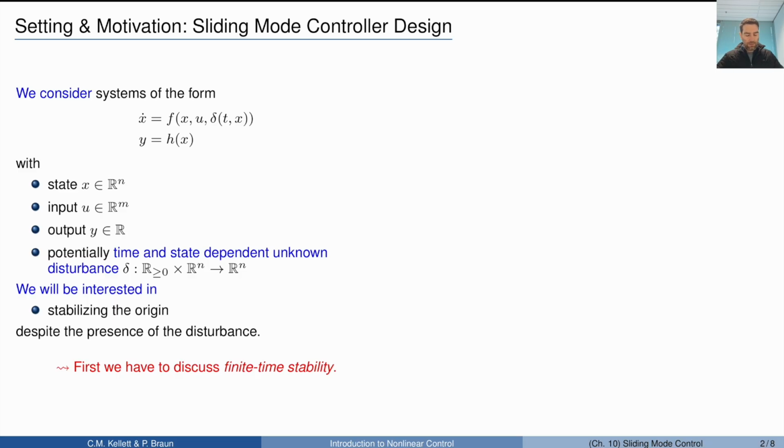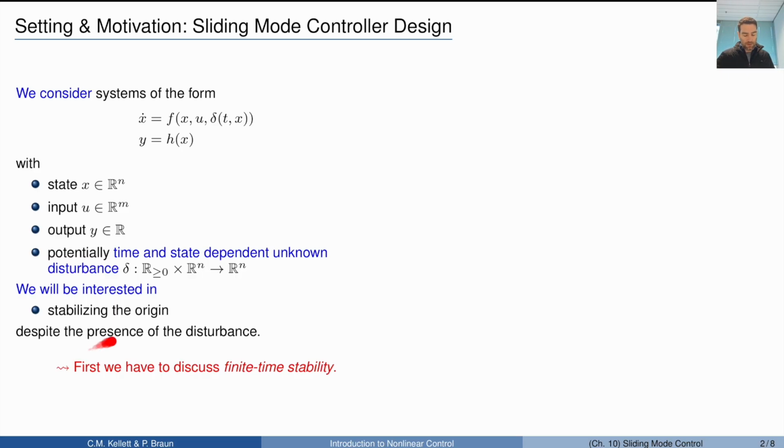And our goal is to stabilize the origin of our system despite the presence of this disturbance delta. So that's what I'm going to do based on one particular example.